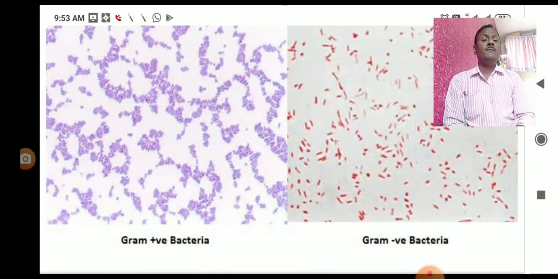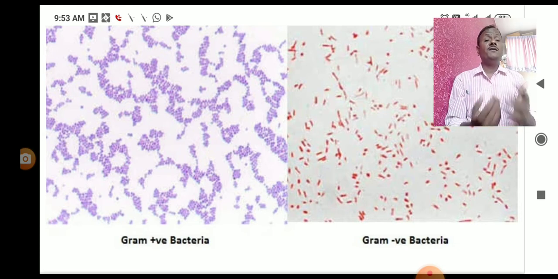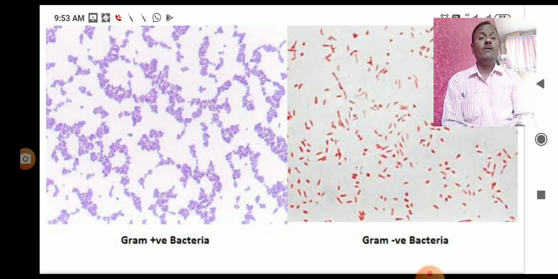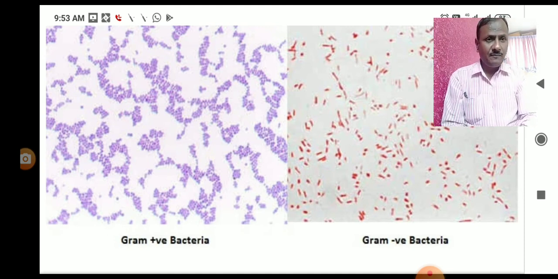That's why the gram staining method is also called a differential staining technique. So friends, this is all about the gram staining process.